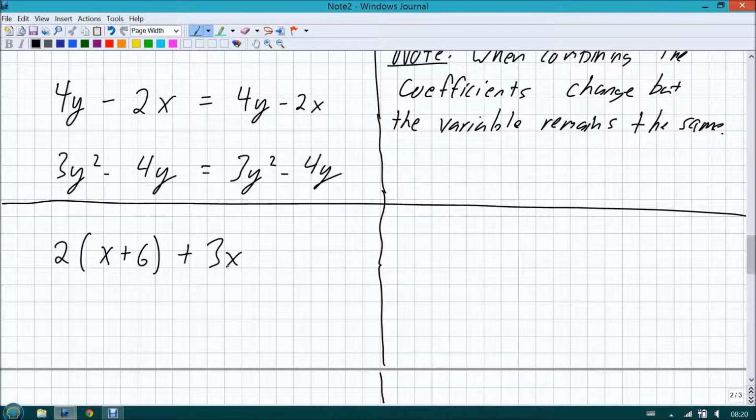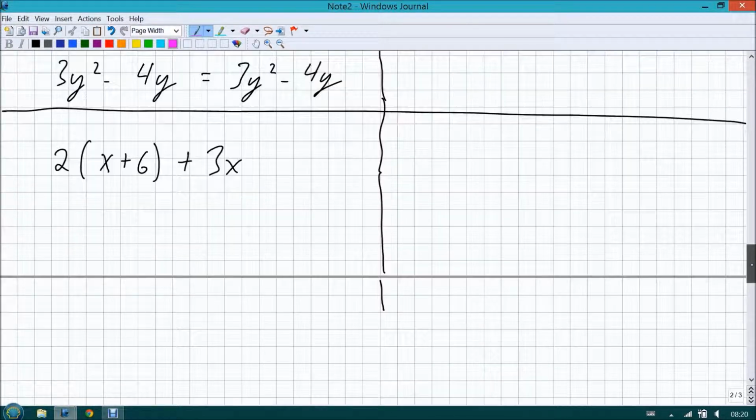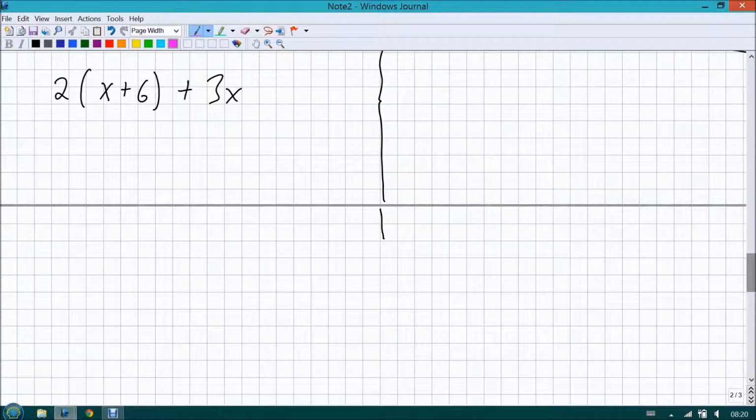Now, on this example, I'm going to do this as formally as I possibly can. We are going to do this as if we are computers and don't know how to use our intuition. So our first step would probably be the distributive property.